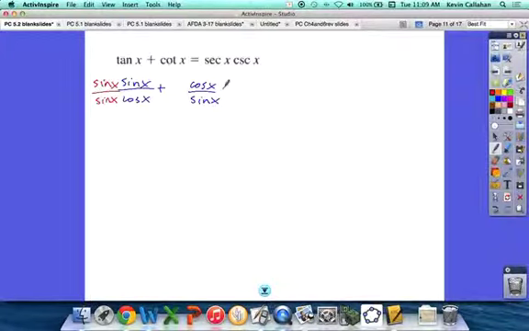This one will be multiplied by cosine x over cosine x. Right, which this term then is sine squared. This is sine squared x plus cosine squared x in the numerator divided by sine x cosine x.